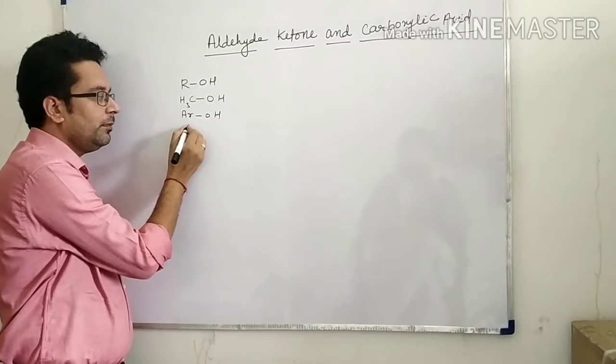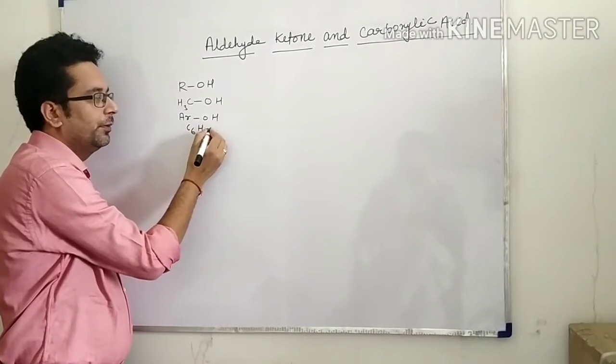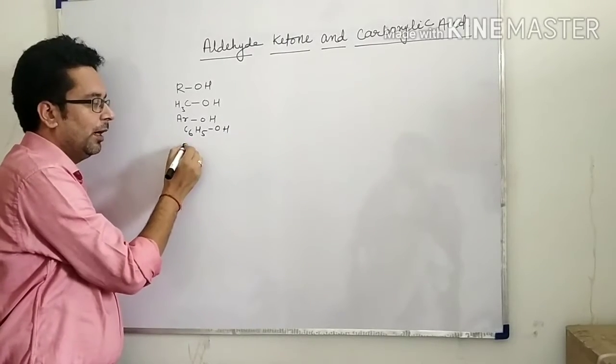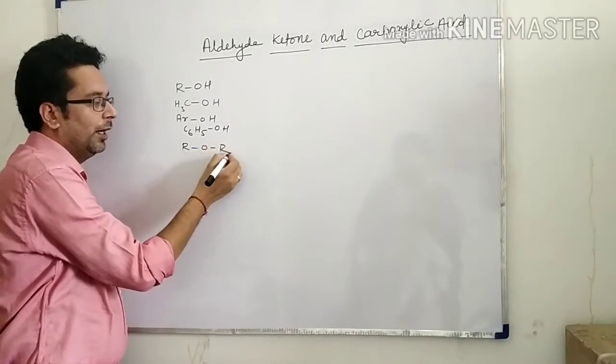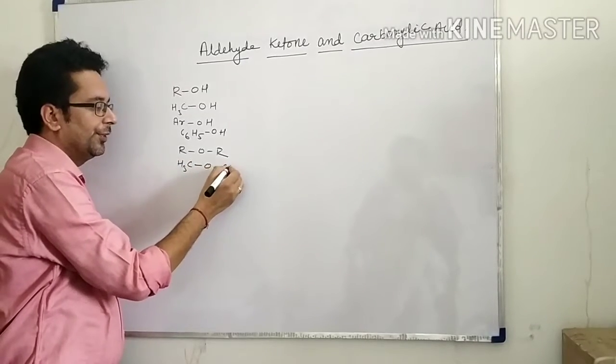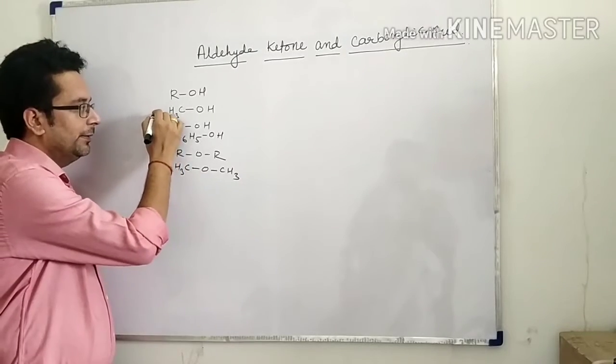Example, C6H5OH. Ether is R-O-R, that is CH3OCH3.